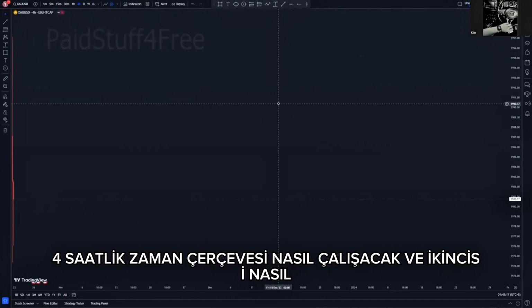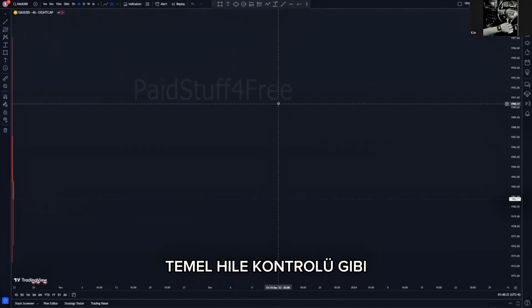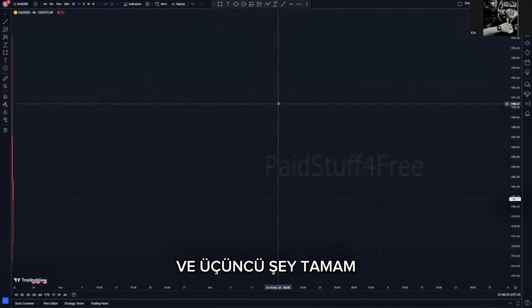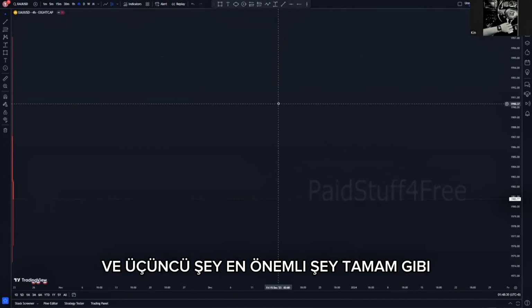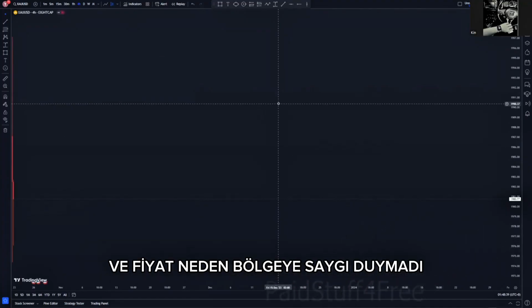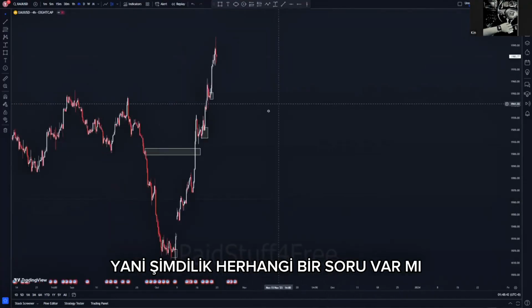The second is that you understand everything on M30, which is the basic trade control, how the basic TC works and so on. And the third, which is the most important, is that you understand why the price respected the zone and why the price didn't respect the zone, and just broke the zone. So for now, is there any question?